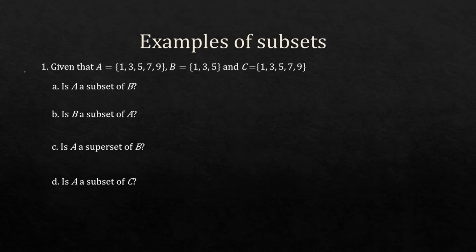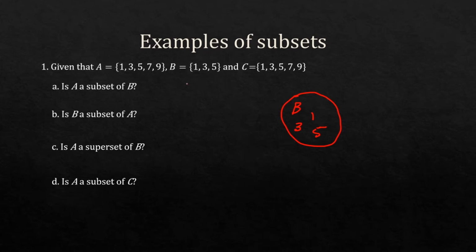Here are some examples of subsets. Given that A equals 1, 3, 5, 7, 9 and B equals 1, 3, 5 and C equals 1, 3, 5, 7, 9, is A a subset of B? So we could actually write these as a Venn diagram to help. So let's do B first, which are the elements 1, 3, and 5. I'll put a circle around it.